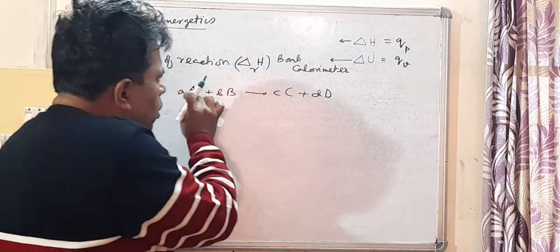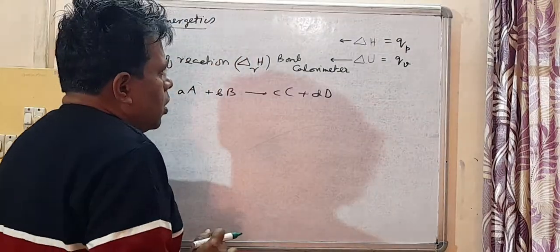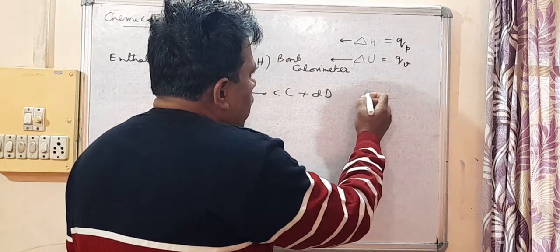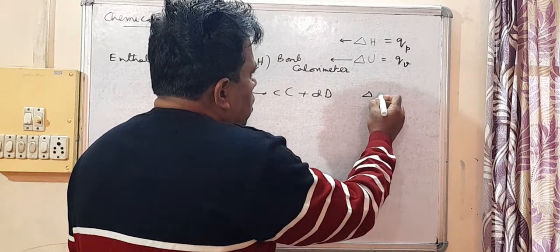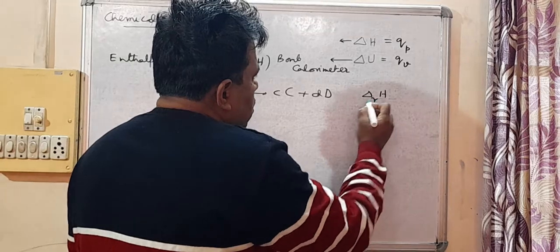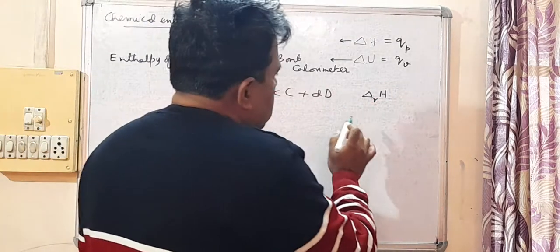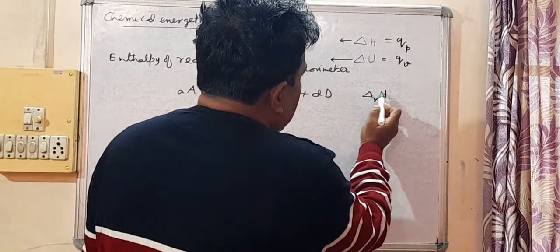So during this process, what is the enthalpy change? What is the enthalpy change during this reaction? That is called delta HR.